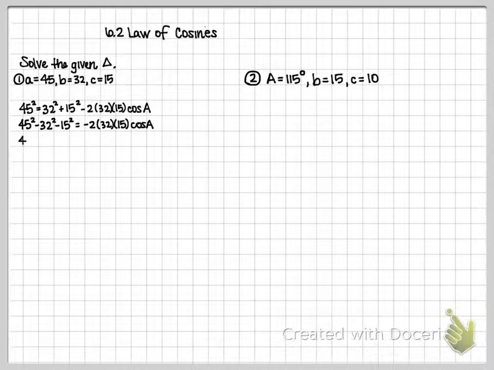Alright. And I think I'm going to get rid of the parentheses, and I'm just going to use dots now. So negative 2 times 32 times 15 equals cosine A. Alright, last thing I need to do is inverse cosine this thing.